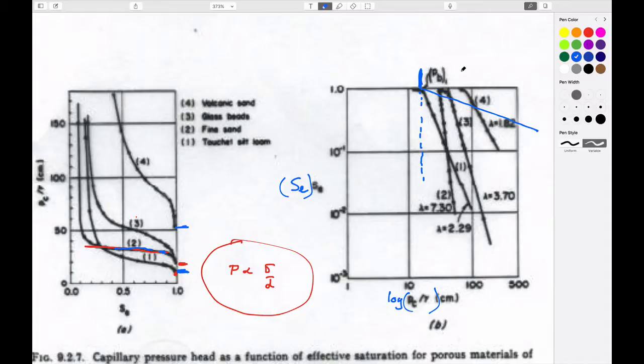Likewise, one that had the pore size here, this would be large pore. This would be small pore. This would be uniform pore. This would be a broad distribution.